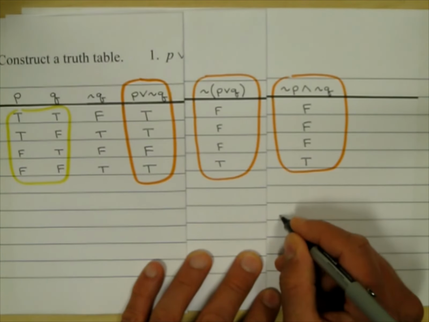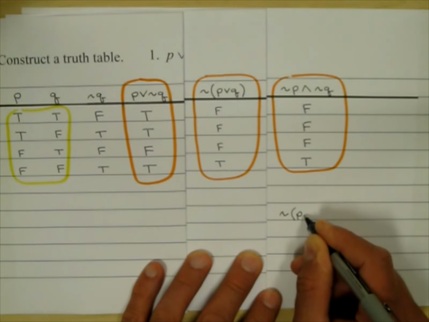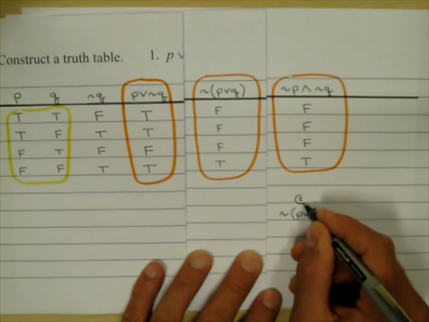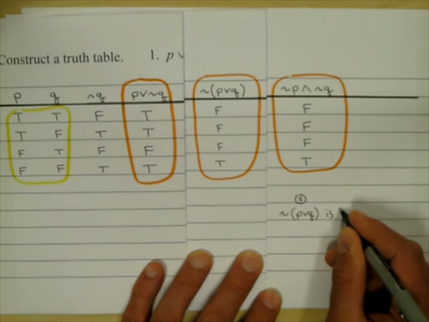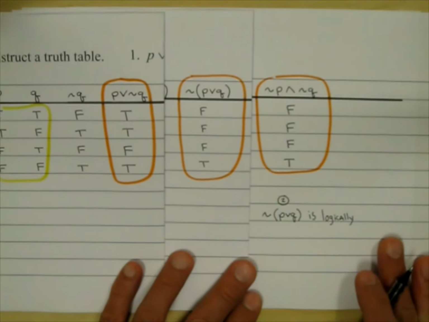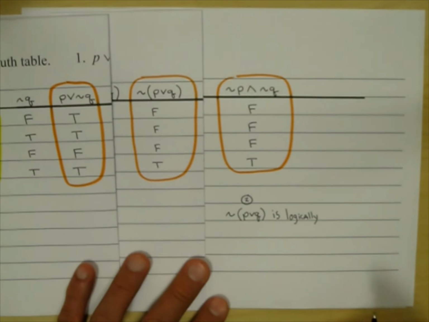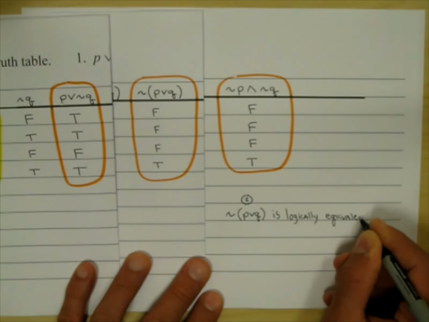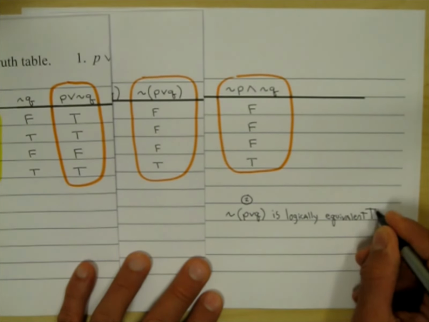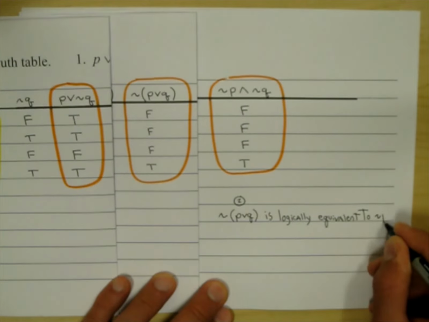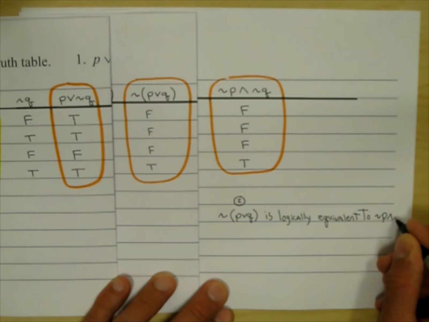Let's just start off with this one. Negation P or Q, this was from problem 2, is logically, we're going to have to move this over, logically equivalent to this statement right here from 3, which is negation P and negation Q. So this is 3.